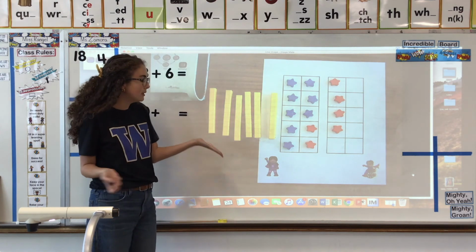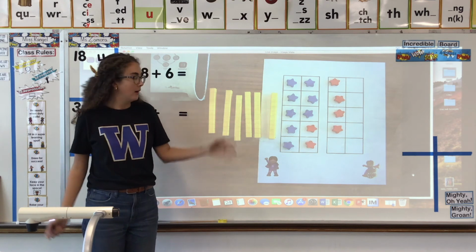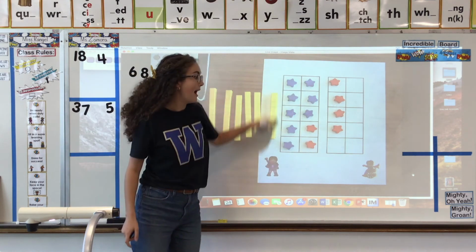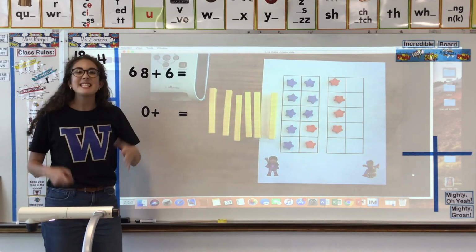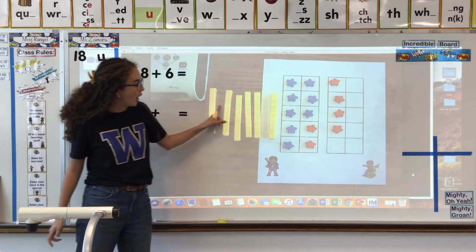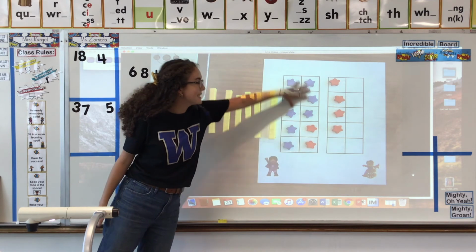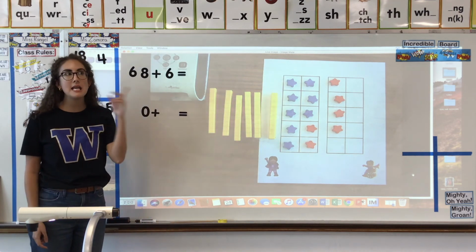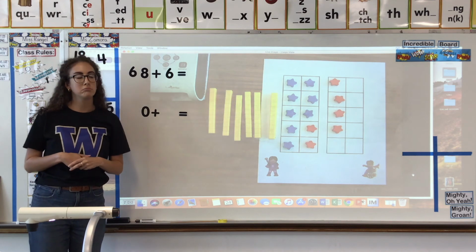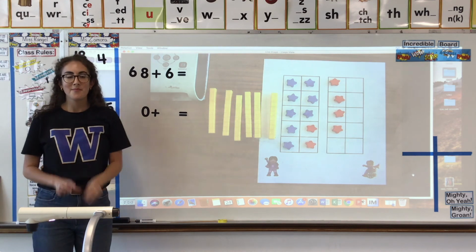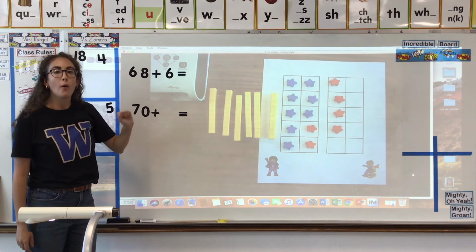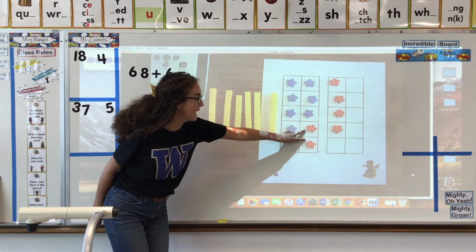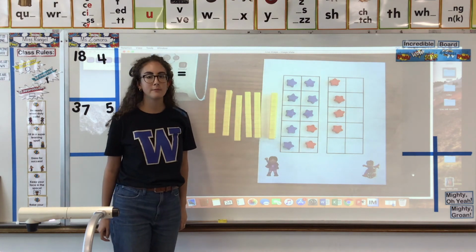So now, how many 10s do we have? We have 7 10s. Our 6 plus this 10 that we just created. So 7 10s is what number? 70. We turned 68 into 70 by completing it with 2.